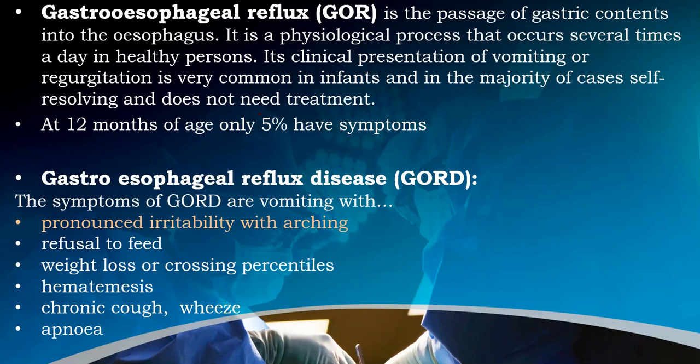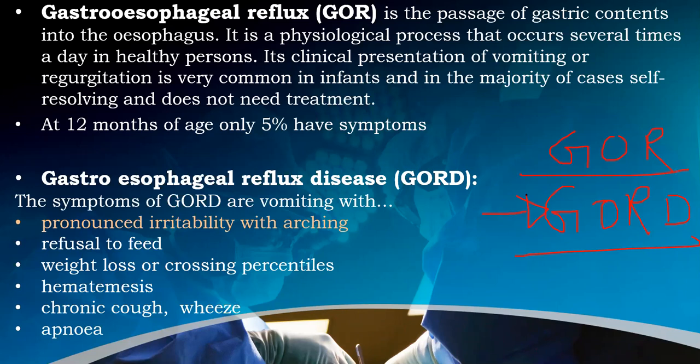Now for gastroesophageal reflux, there are two terms which the majority of candidates get confused with. One term is gastroesophageal reflux. Another term is gastroesophageal reflux disorder or disease. Now, gastroesophageal reflux is a physiological thing. It happens to every child and nothing to worry about. But gastroesophageal reflux disease is the complicated form of reflux. So how can you find it out?